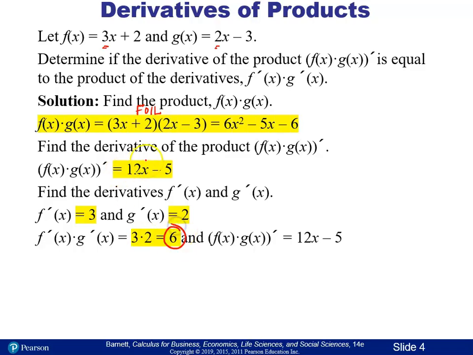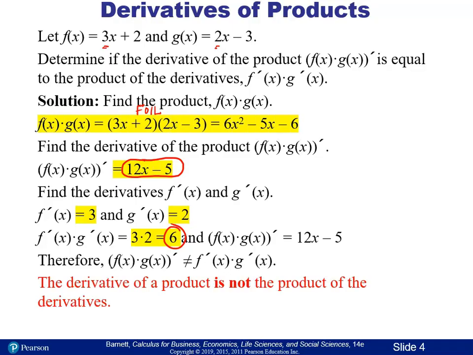So 6 is clearly not equal to 12x minus 5. We can't just simply take the derivatives of the individual functions and multiply them together. We have to have a special rule in order to do the derivative of a product of two functions. The derivative of a product is not the product of the derivatives.